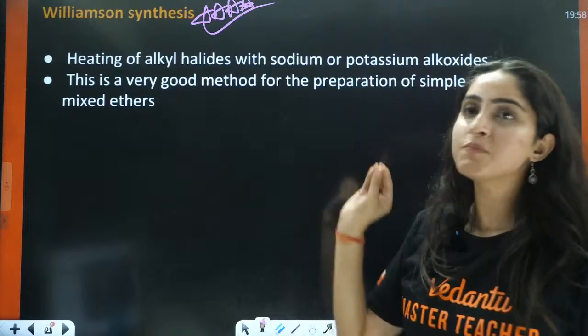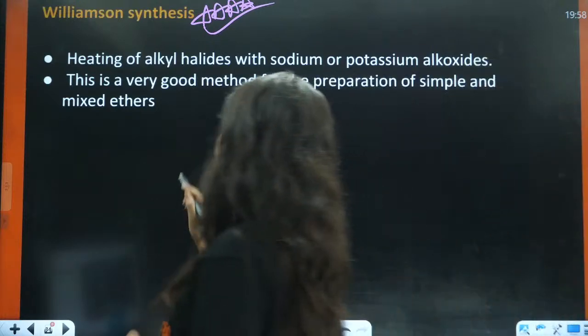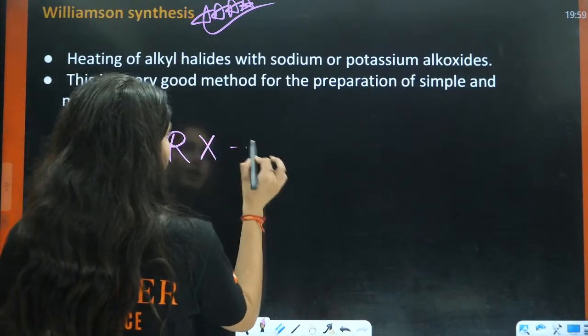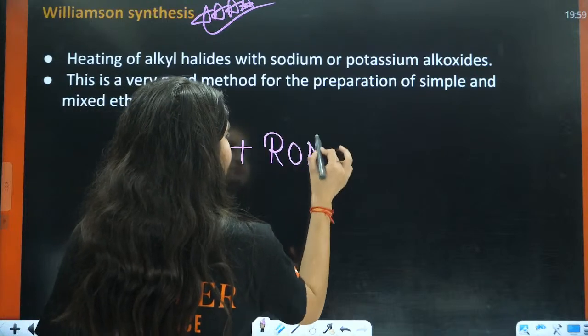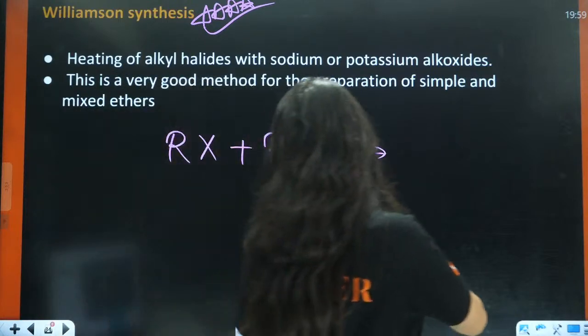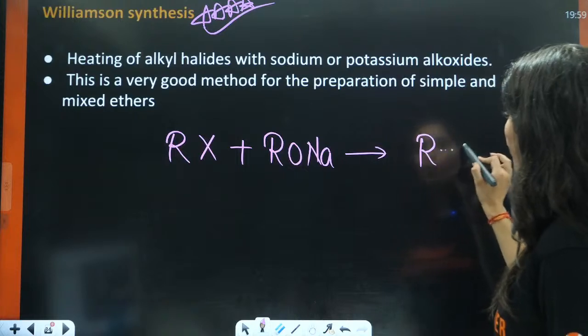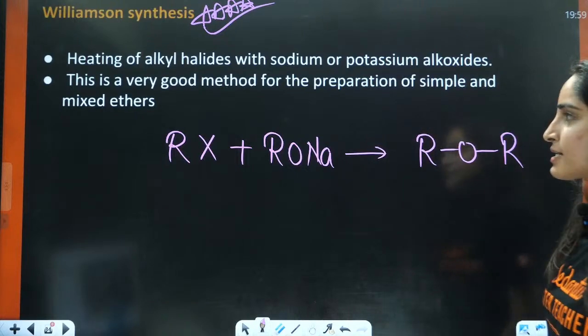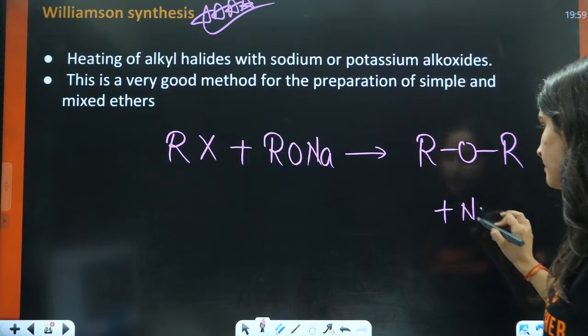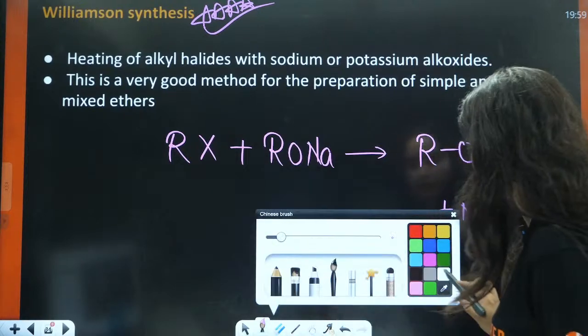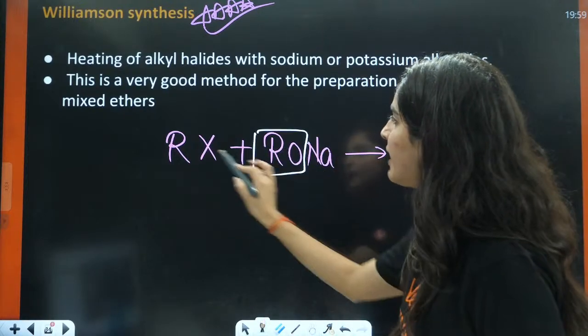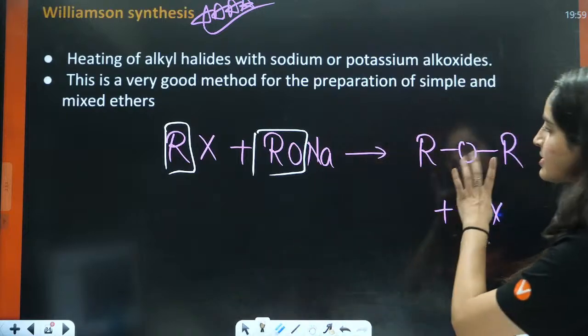But for Williamson synthesis, you basically have RX and RONa, the alkoxide. It will give you ROR and then NaX. Basically, this RO and this R give us ether.